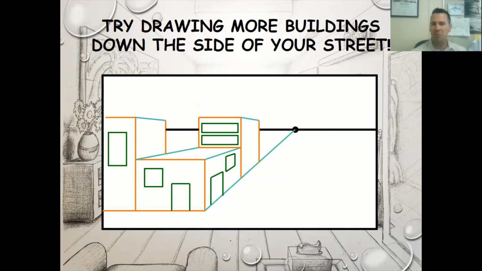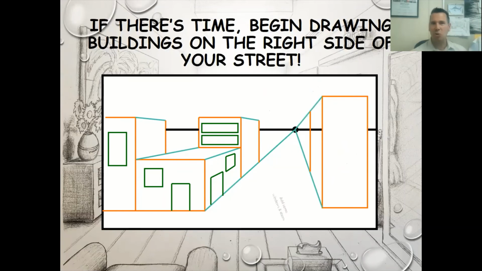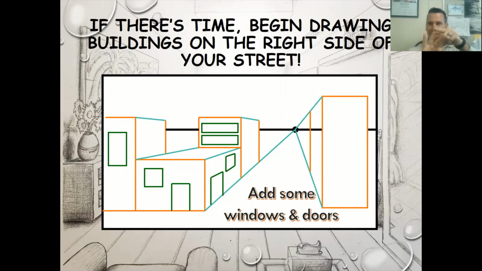Get creative with your windows and doors, but remember, only use those three lines: vertical, horizontal, and orthogonal. Okay, next, if there's time, begin drawing a building on the right side, the other side of your street. Add some windows and doors and have fun with it. Get creative, but remember, three types of lines: vertical, horizontal, and orthogonal.